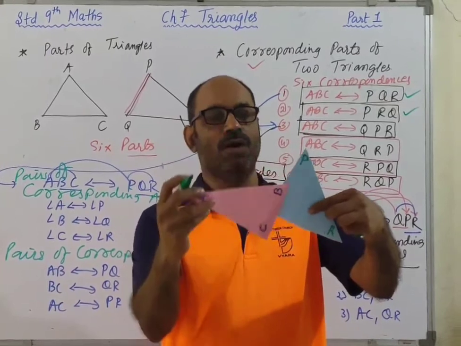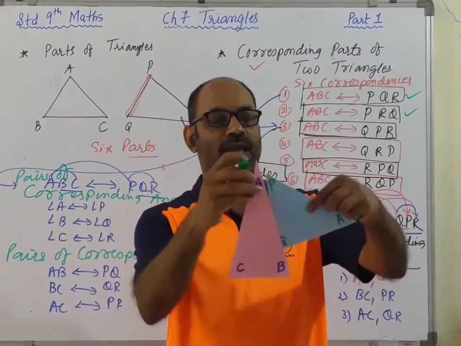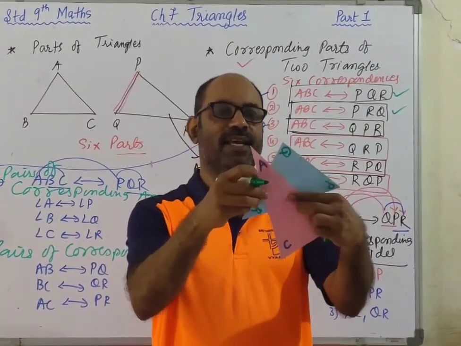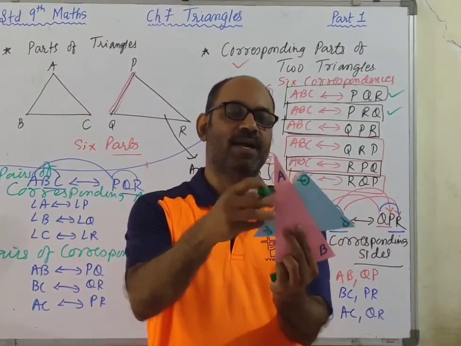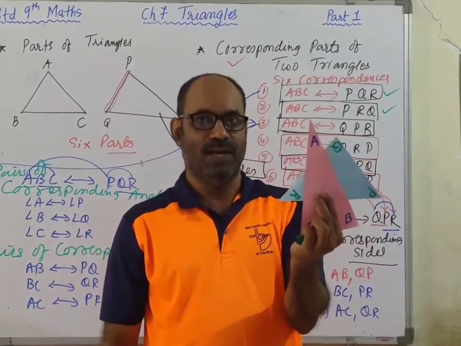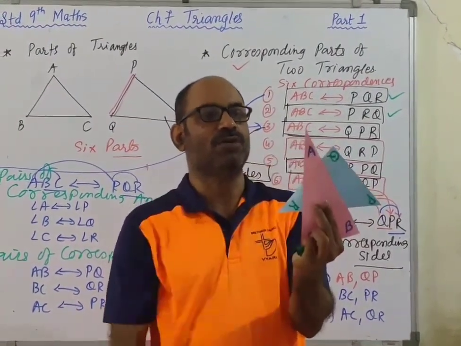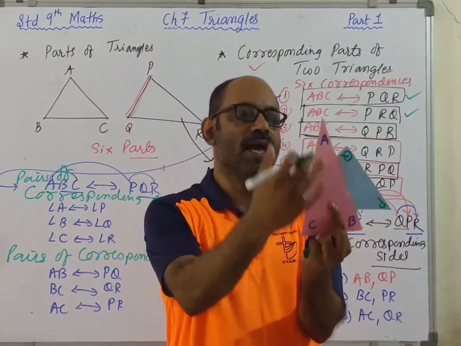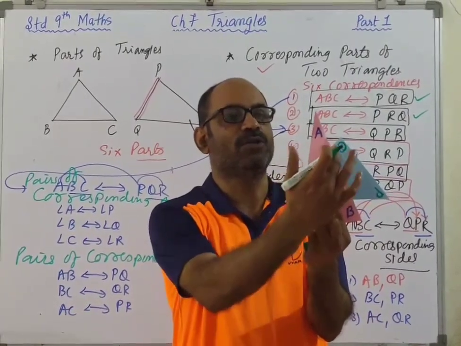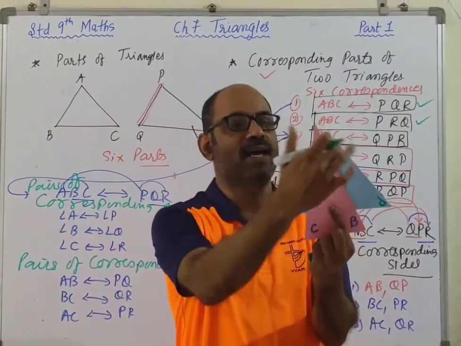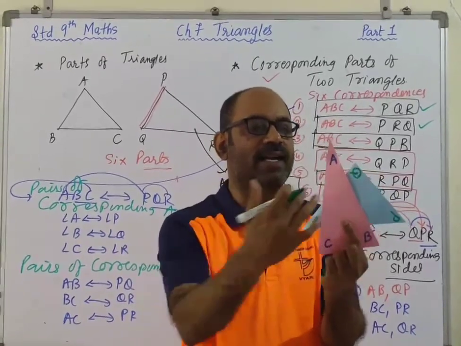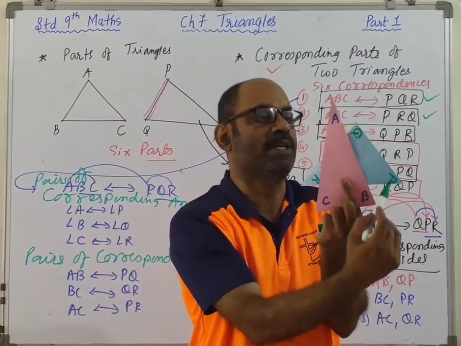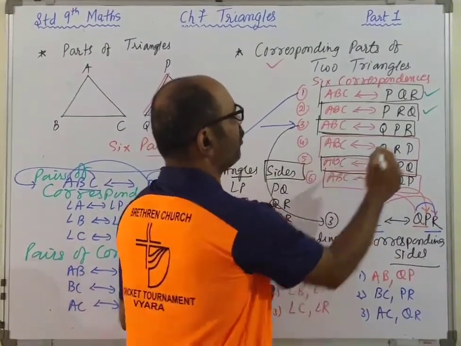Now I am corresponding A with Q. Alright, can you see this time A corresponds to Q, right? Now ABC corresponds to QPR. I am going in this direction. So ABC corresponds to QPR.